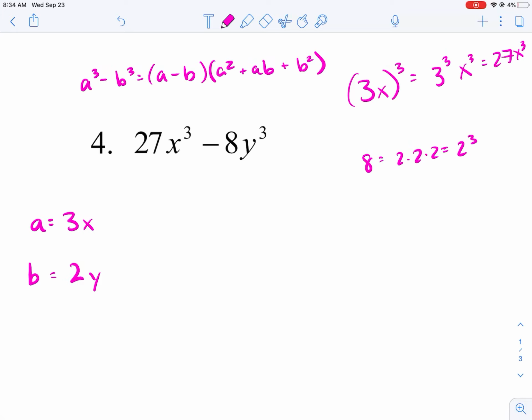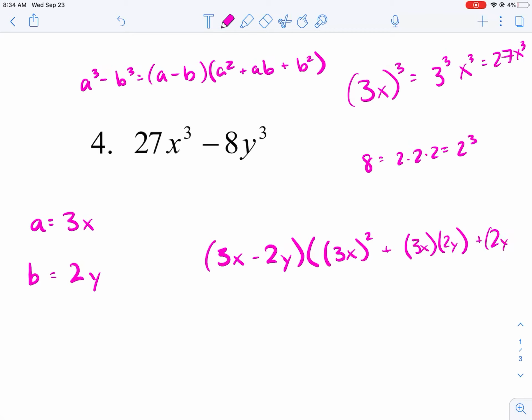So we're going to go 3x minus 2y. That's going to be in the first parenthesis. Our next parenthesis, notice I'm going to leave these in here, so it's going to be 3x squared plus 3x times 2y plus 2y squared. All I did was take these values and fill them into the expression here.